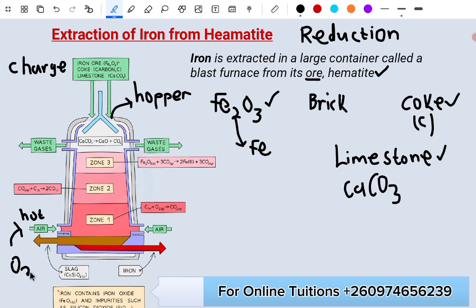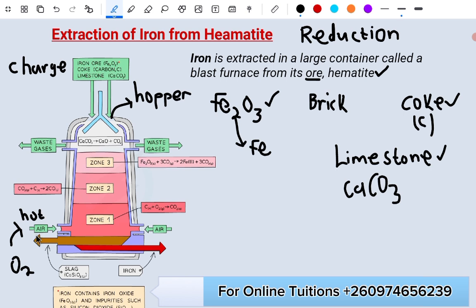So oxygen goes inside, and you have to understand that because there's oxygen here and there's carbon, these two would definitely cause a reaction. So you have two things that are fed: hot air, and the charge.